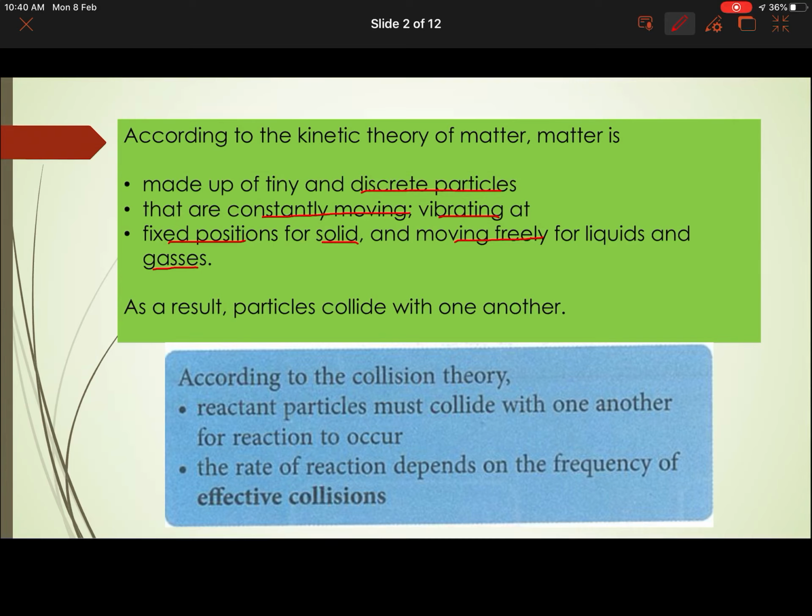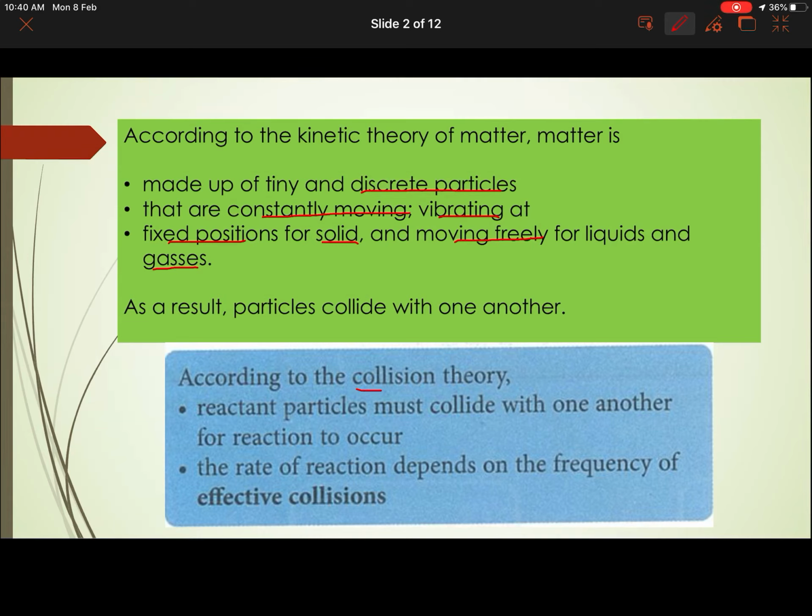When the particles collide with one another, this collision theory explains how reactant particles interact with one another. Since particles collide with one another, collision theory comes in.